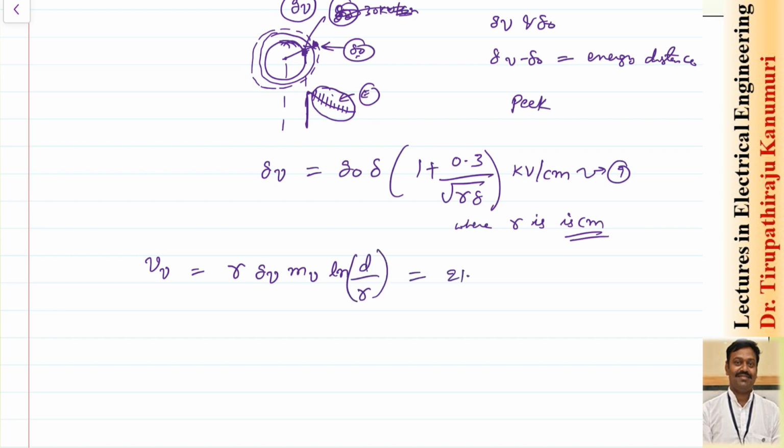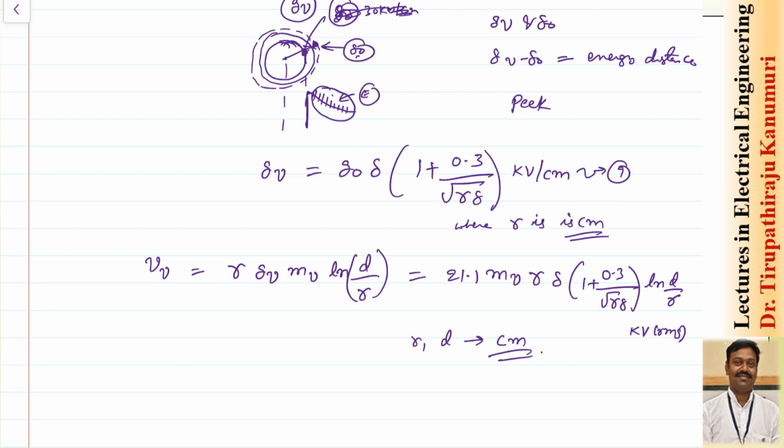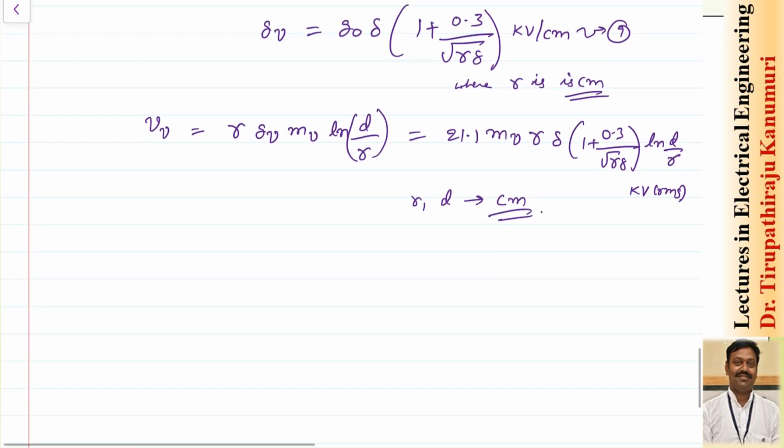Or I can write this as 21.1 times mv into r into delta into 1 plus 0.3 divided by square root of r delta, ln of d by r. This will be in kV, and this value will be RMS. Here you have to remember that r and d are all mentioned in centimeters only. Please refer to this clearly.